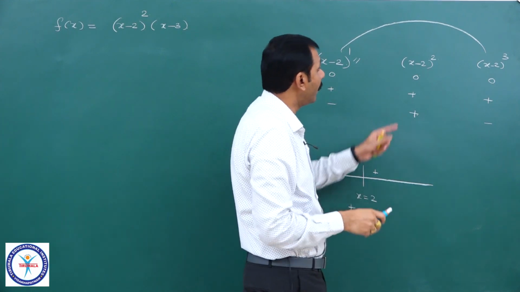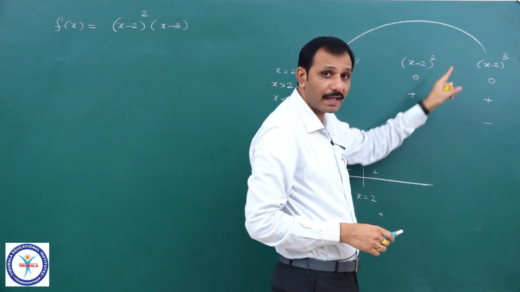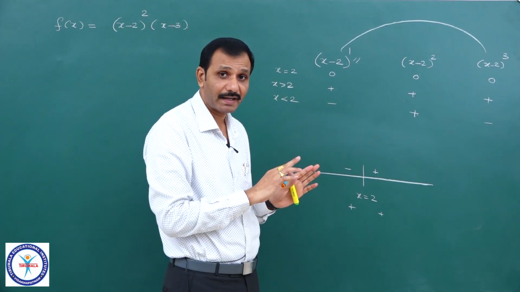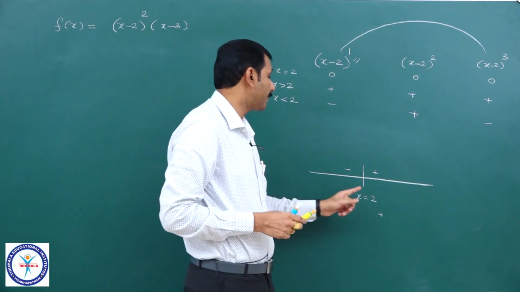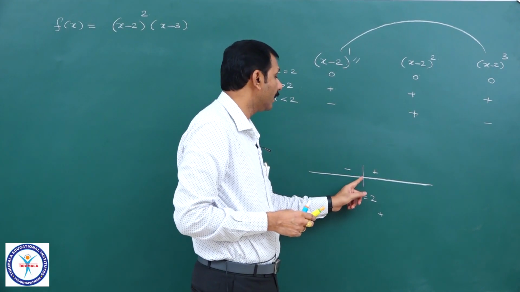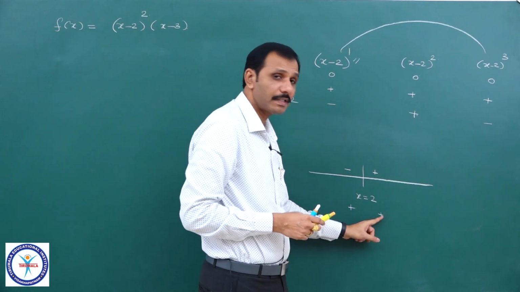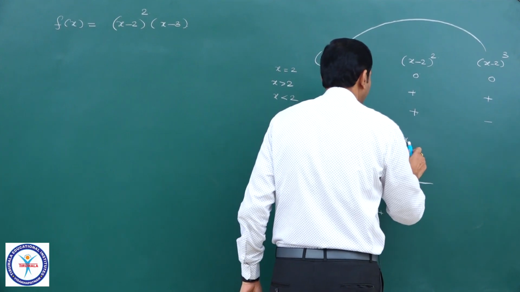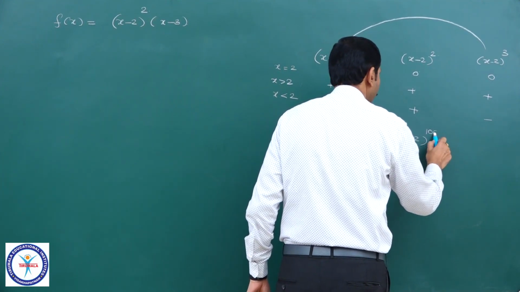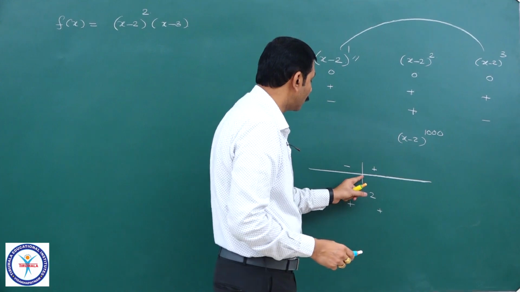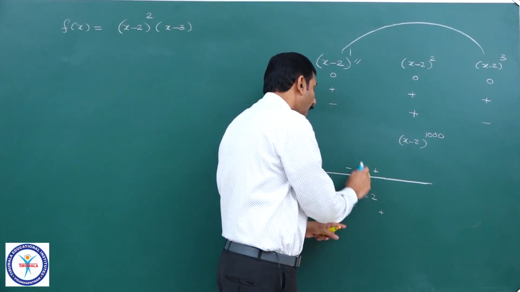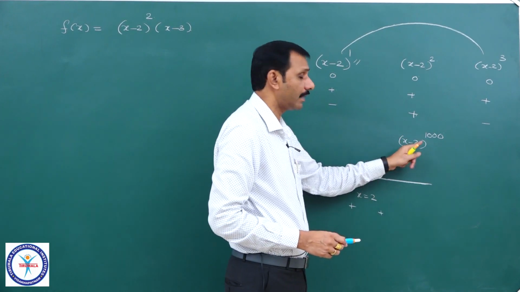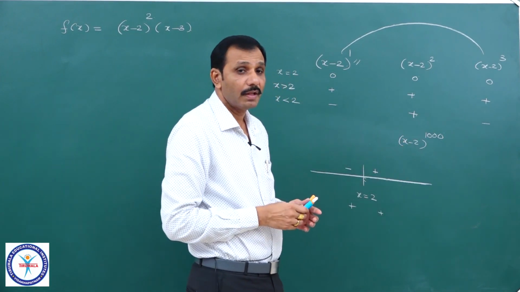And when the power of that linear factor is even, then the sign of that factor will not change. Left side of 2 it is positive only, right side of 2 also it is positive only because of even power. Even if I take x minus 2 whole power 1000, at x equal to 2 it will become 0, and at x less than 2 it is positive only, x greater than 2 also positive.